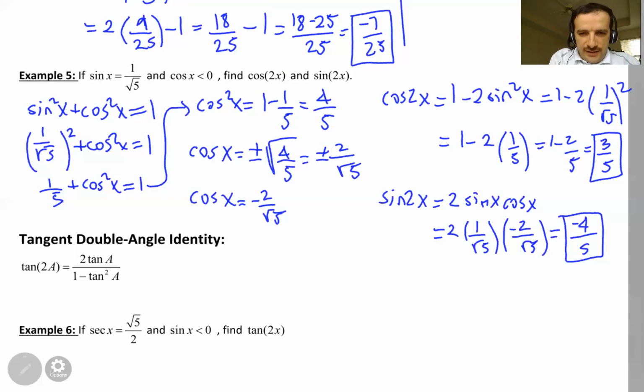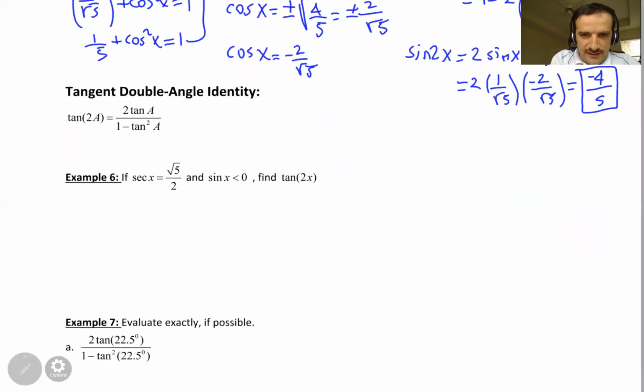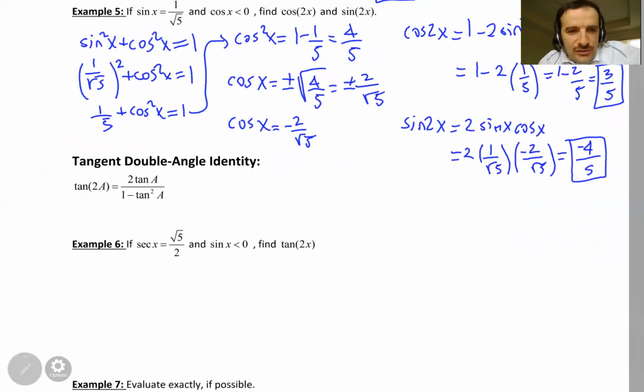All right, I hope these are all exciting and clear. Now let's go to the double angle formula for tangent.